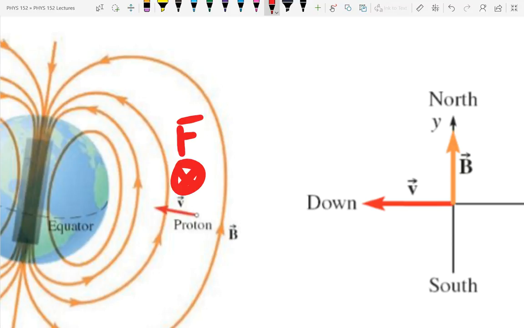The Earth's magnetic field protects us from the cosmic wind, from the charged particles flying at us from the sun constantly, because it deflects them away, because those moving charges are going to have a force perpendicular to the velocity and perpendicular to the Earth's field. So there's a very important safety factor here in the Earth's magnetic field.